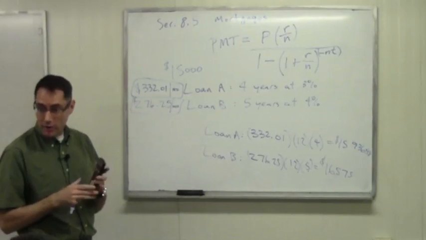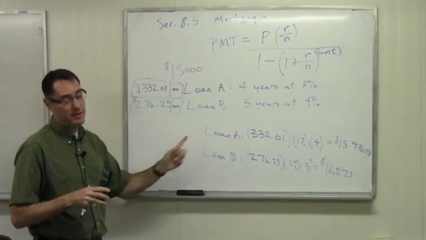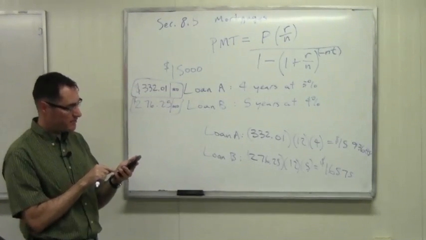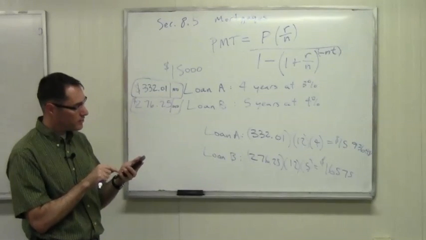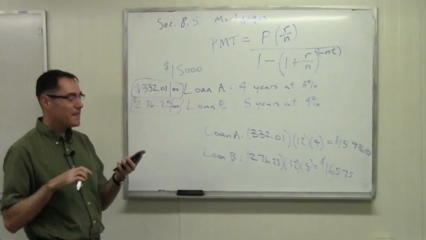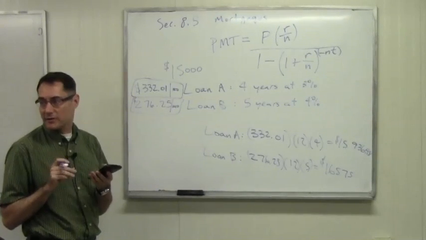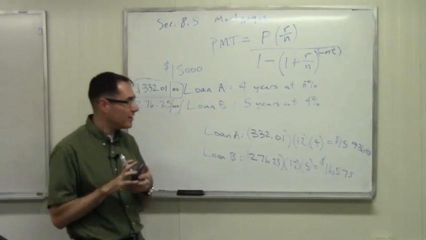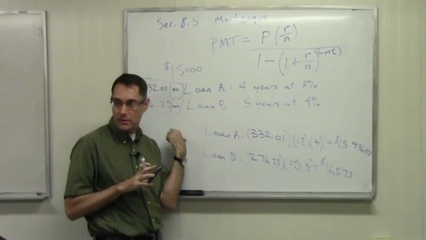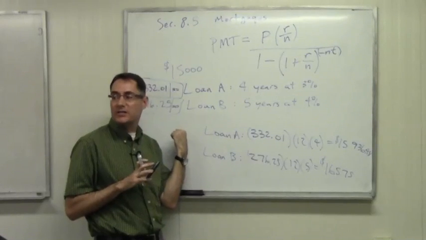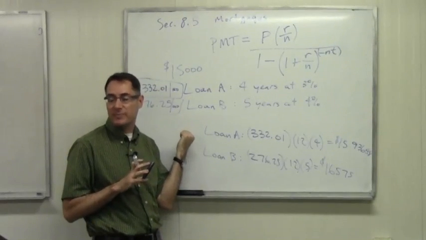Which one's the better loan? A is the much better loan. In fact, minus $15,936.48, if you listen to the car dealer, you will spend $638 more on loan B than loan A, right? Because you spent 5 years paying it off.